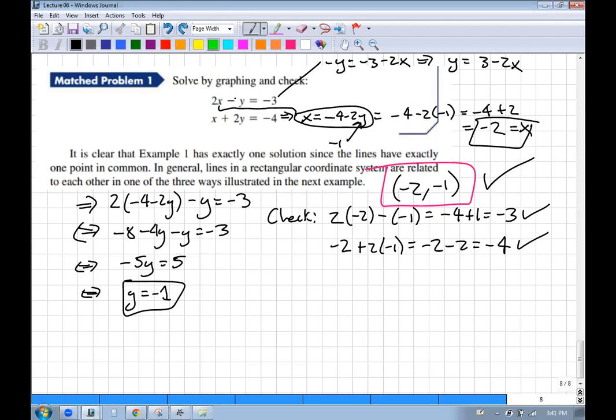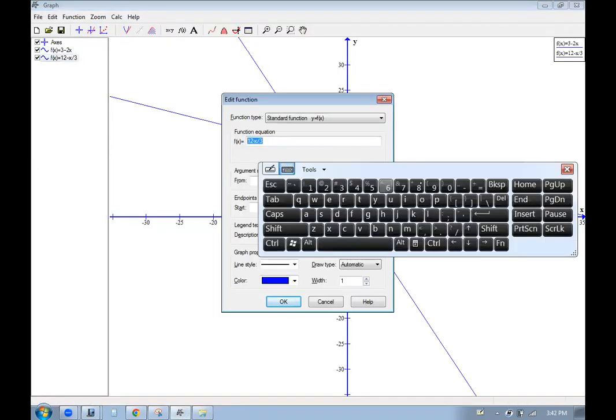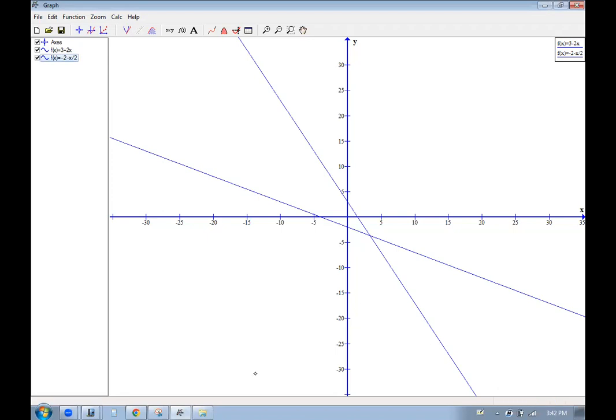To graph this, I need to get the y by itself. So 2y equals -4 minus x. Divide everything by 2. 4 divided by 2 is 2, and so -2 minus x over 2. Boom.